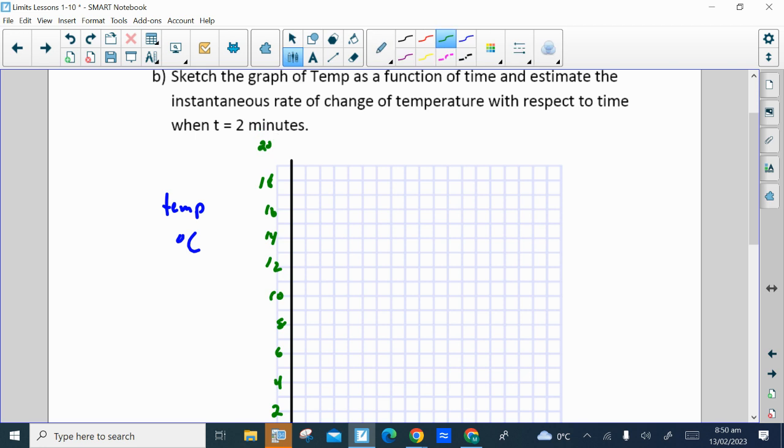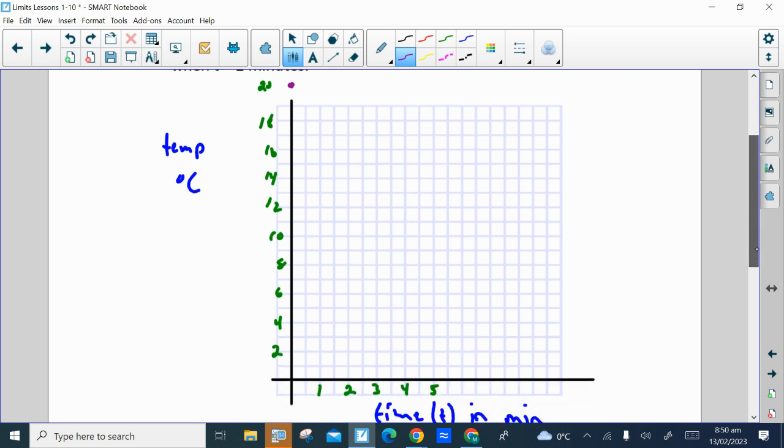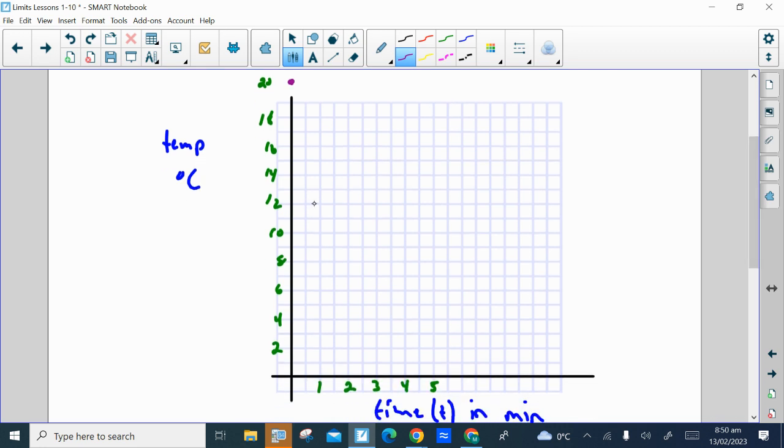Okay, and if you look back, we're not going to put all the points on here, but we can start with the point 0, 20. Let's do 1, 12. Let's do 2, 8.3.